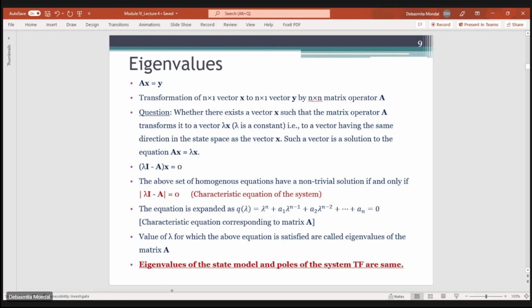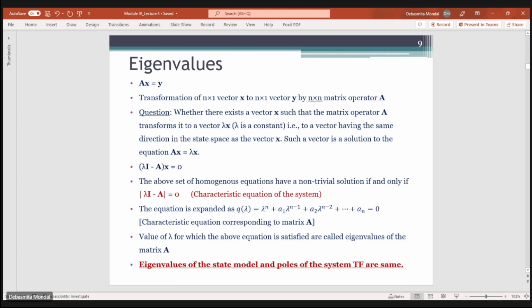If you solve this equation, you will get n values of lambda. The values of lambda for which this characteristic equation is satisfied are known as the eigenvalues of this matrix A.